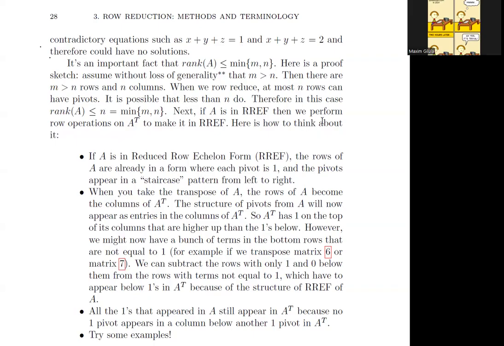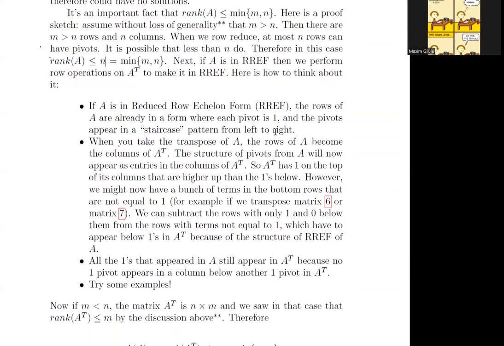If A is in RREF, we could perform row operations on A transpose to make A transpose an RREF. Here's how we can think about it. If A is in reduced row echelon form, the rows of A are already in a form where each pivot is 1, and the pivots appear in a staircase pattern from left to right. When you take the transpose of A, the rows of A become the columns of A transpose.